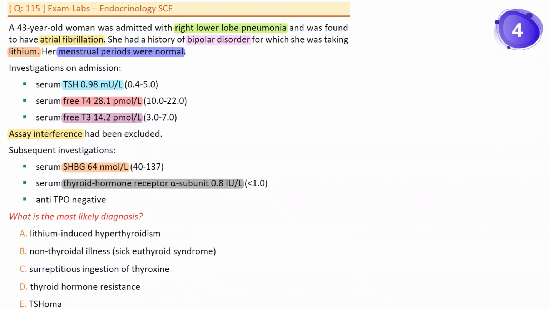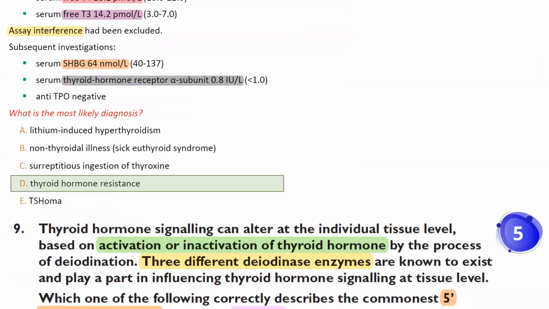Yes, this is known as low T3 syndrome, in which T3 will be low, T4 may be low, TSH will be low or mildly low-normal at least, but T3 should be low. What about surreptitious injection of thyroxine? TSH will be low. So in iatrogenic thyrotoxicosis, TSH must be low. So this is a case of thyroid hormone resistance syndrome.